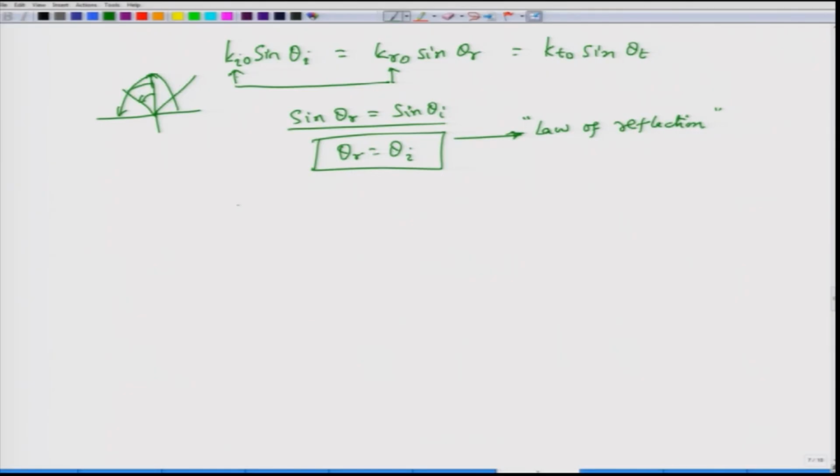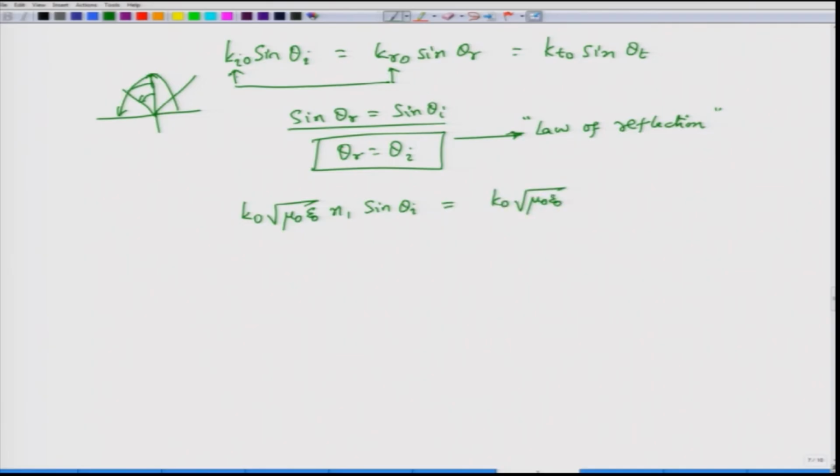Well, for the second condition, we will first write down what is k i 0. k i 0 is given by k 0, the free space wave number, times square root of mu naught epsilon naught, times n 1, where n 1 is the refractive index of medium 1, times sin theta i, which is equal to omega times square root of mu naught epsilon naught times n 2 sin theta t.